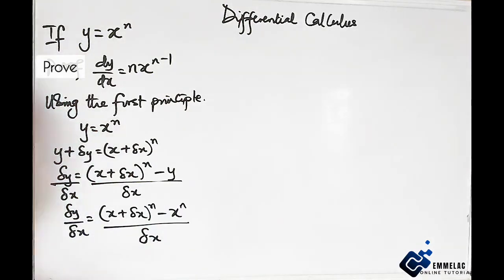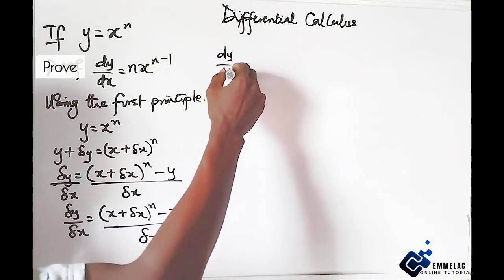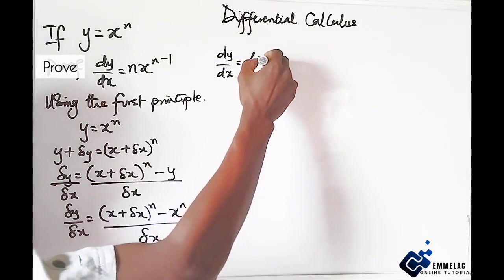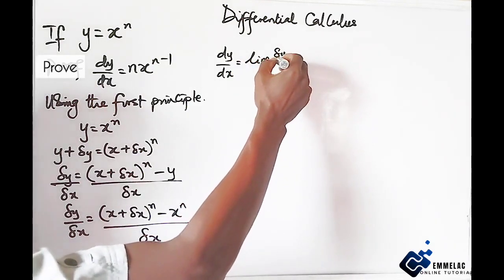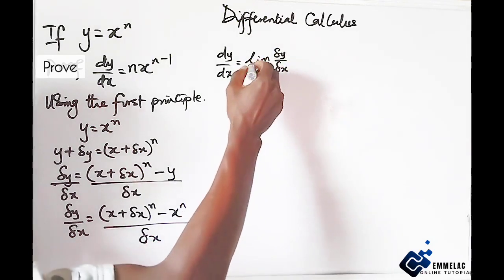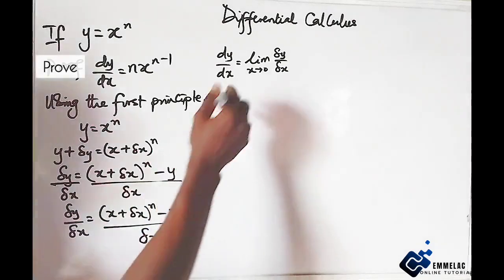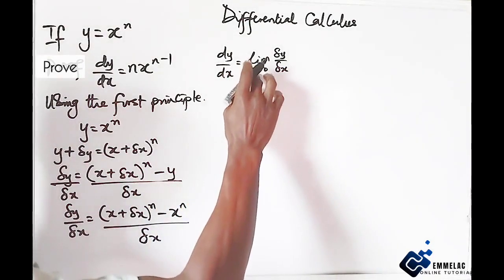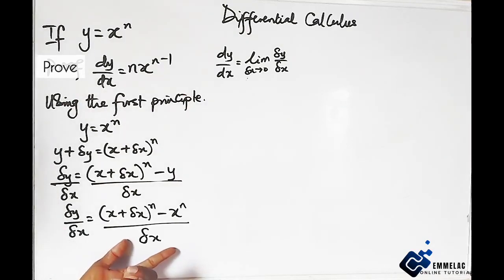Now let's take note that dy over dx equals the limit of change in y over change in x as change in x tends to 0. And let us take note that change in y over change in x gives us this expression.